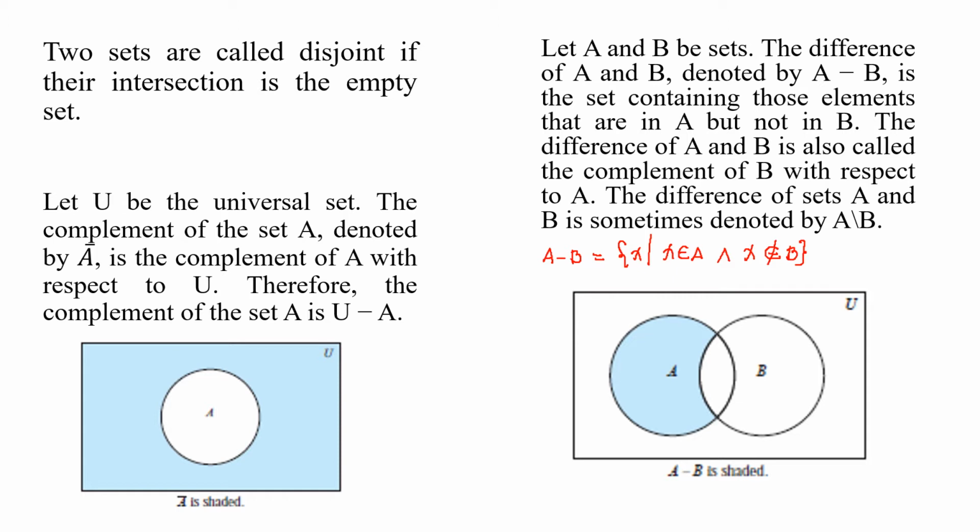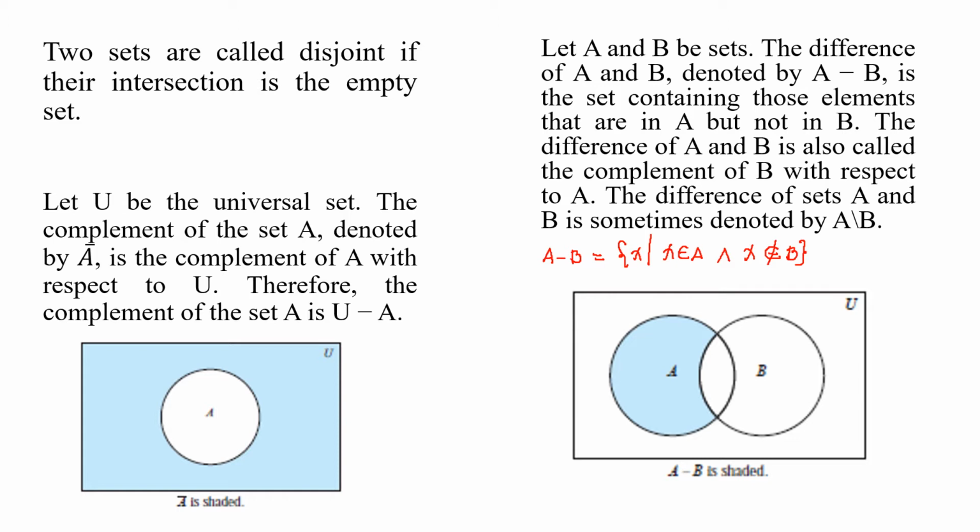Now, let U be a universal set. The complement of the set A, denoted by A bar, is the complement of A with respect to U. Therefore, the complement of set A is the universal set minus A. So the area shaded in the illustration here is the representation of the complement of A with respect to the universal set.